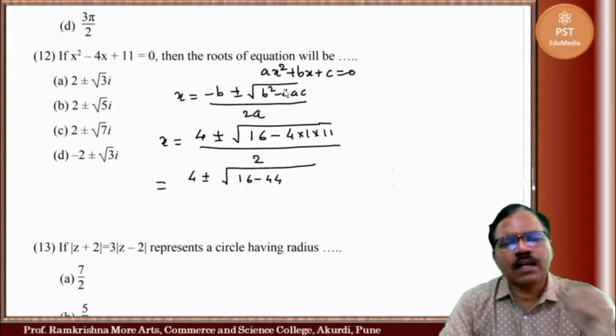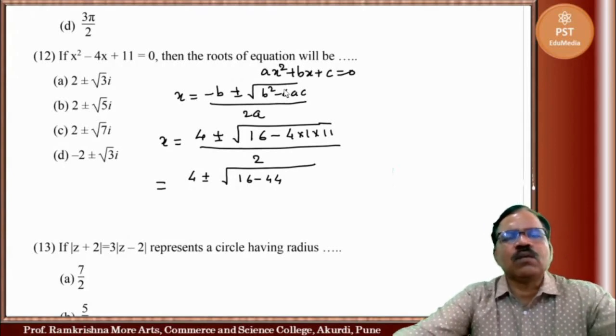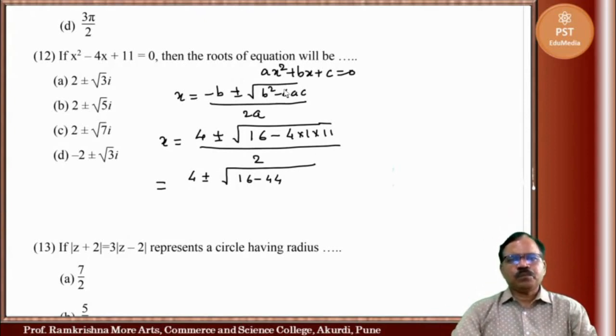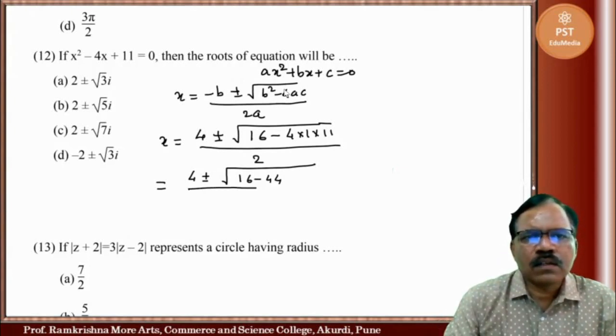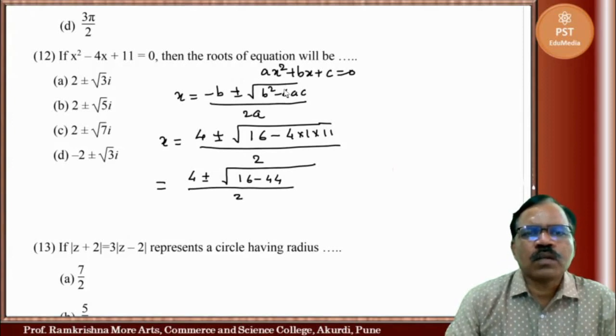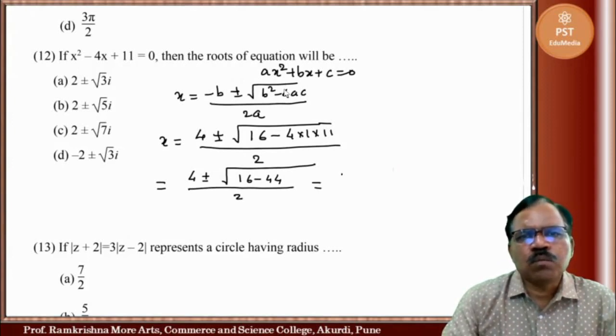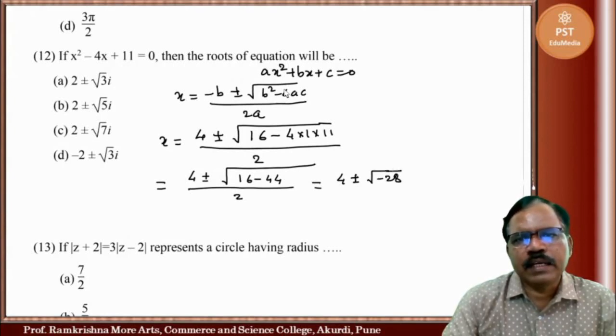So 16 minus 44 is minus 28, and whole divided by 2. So we get this is equal to 4 plus or minus root of minus 28 upon 2.